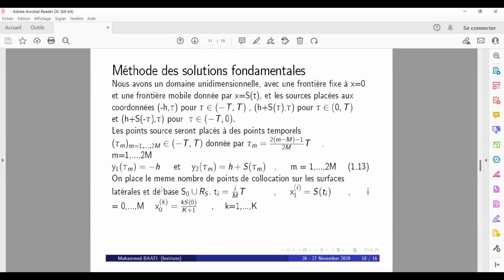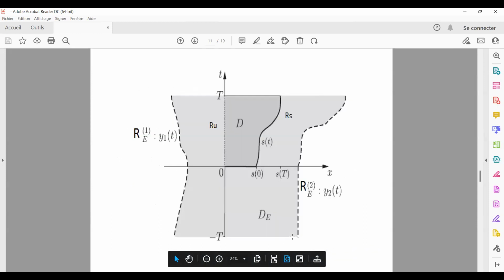Et aussi, on place le même nombre de points sources que de points de collocation sur les surfaces latérales. Voilà, c'est ça le domaine de la présentation du problème de Stéphane.